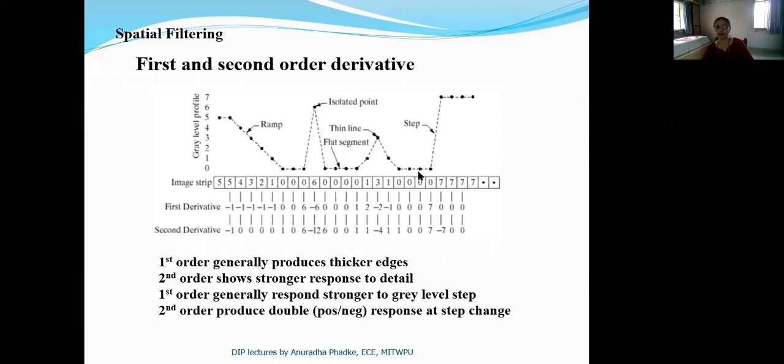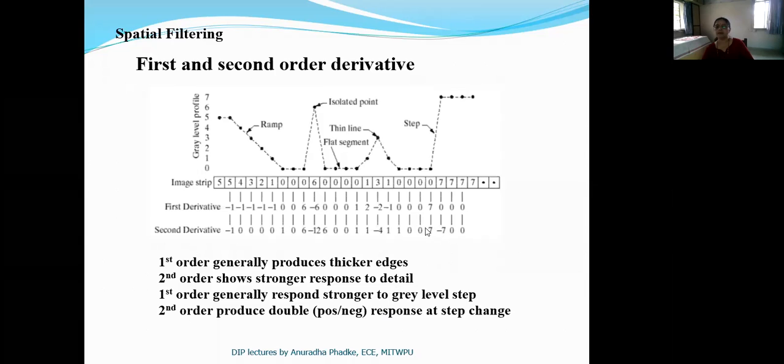Now one more observation: if you look at the step change, the first order derivative gives you, say, the value 7, and the second order derivative gives you a positive as well as a negative value. So the second order derivative usually gives a double edge effect whenever there are step changes.